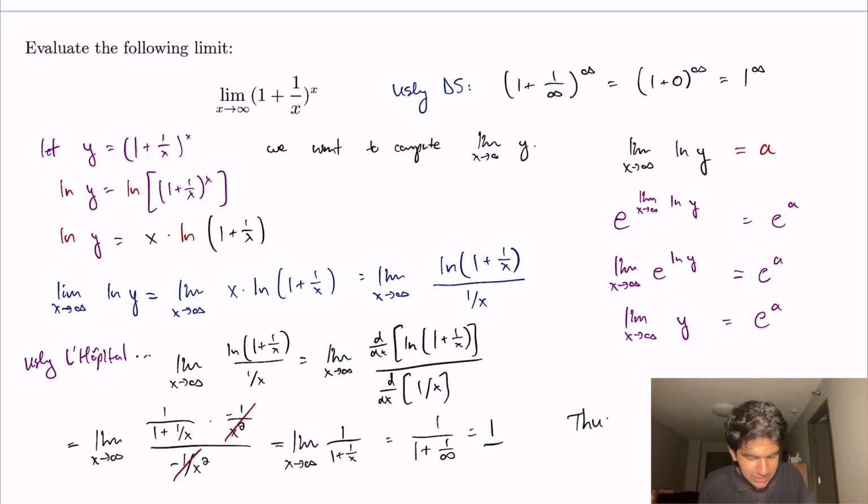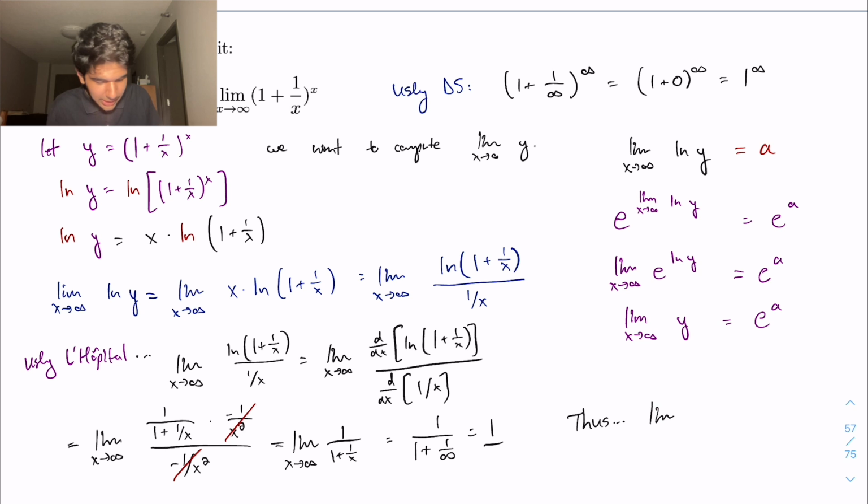So the limit as x approaches infinity of 1 plus 1 over x to the x is equal to e to the 1, or simply e.